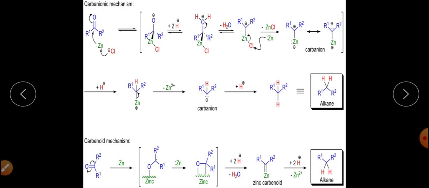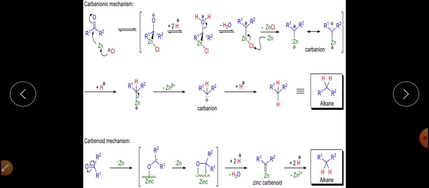Synthesis of this zinc carbenoid takes place by initial homolytic bond cleavage, in which the C double bond O bond will get cleaved homolytically and oxygen and carbon will each carry a single electron, and from this radical it will get converted into zinc carbenoid. Finally this zinc carbenoid will accept an H positive proton from the system and get converted into alkane, that is hydrocarbon.